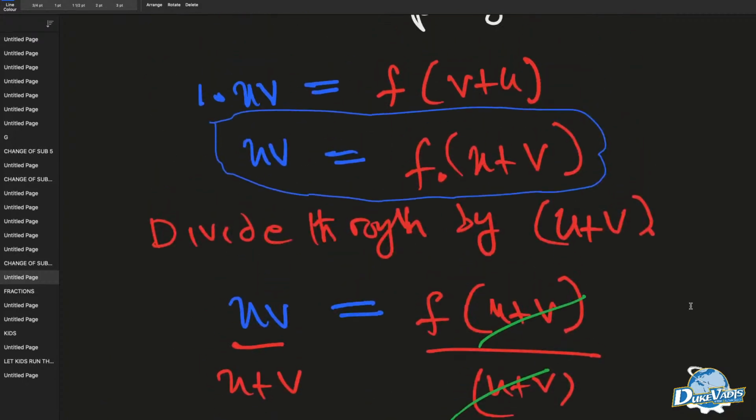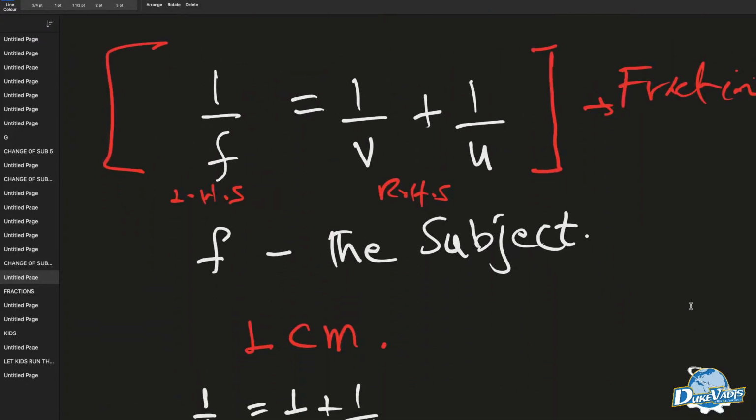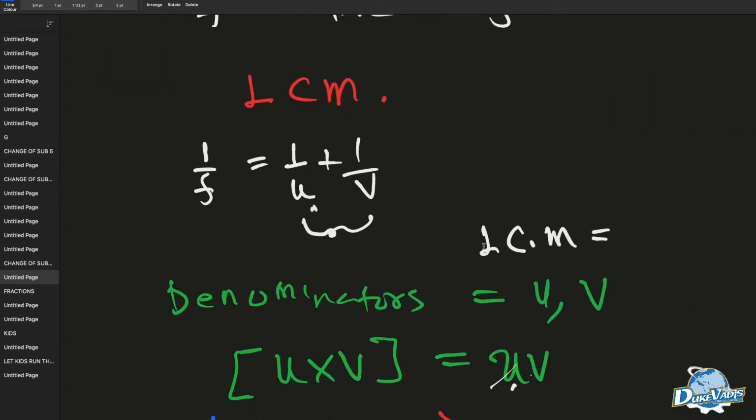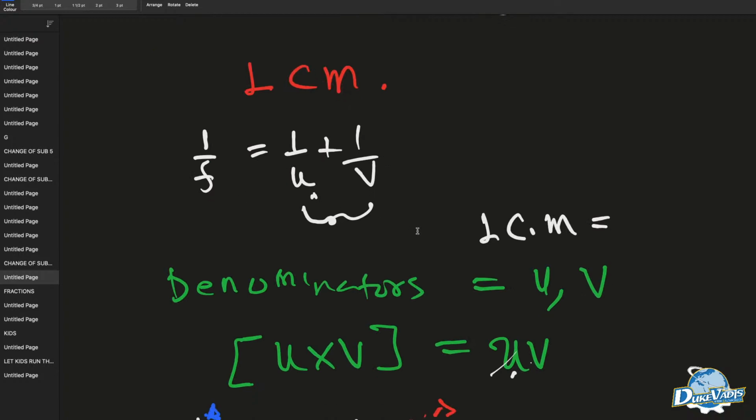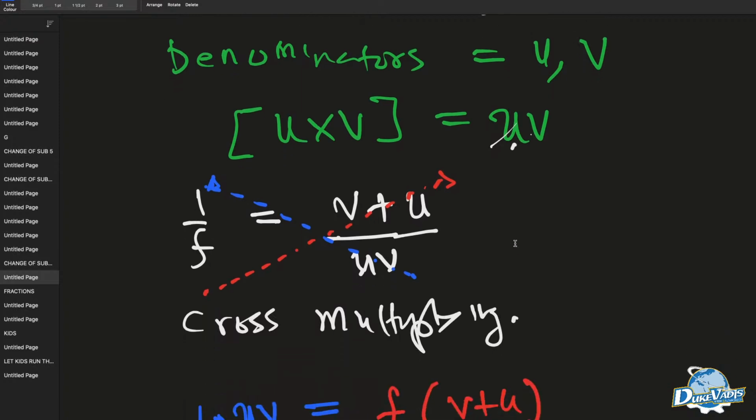Okay, so let's go through once more. This one was 1 over F equals 1 over V plus 1 over U. To make F the subject, we chose U and V and multiplied them. It became UV. Then we did the normal fraction work we know.